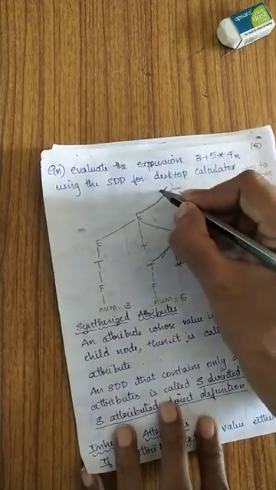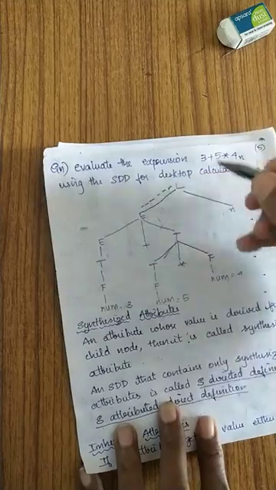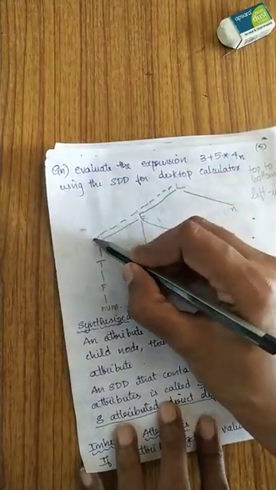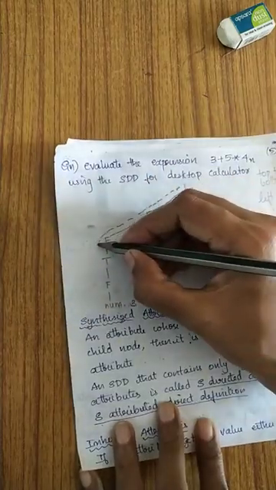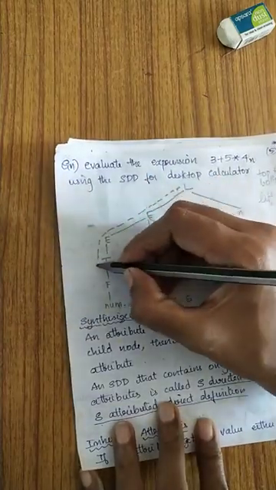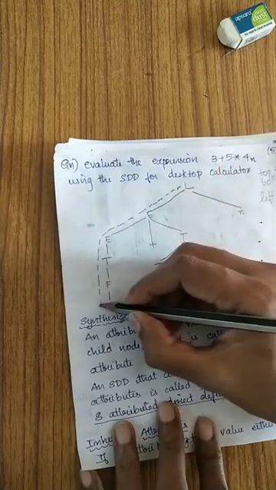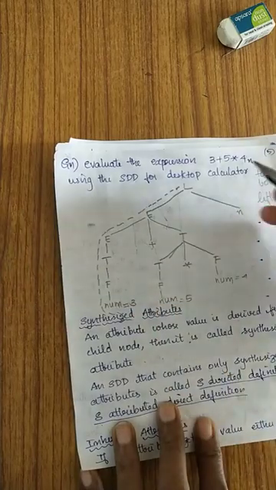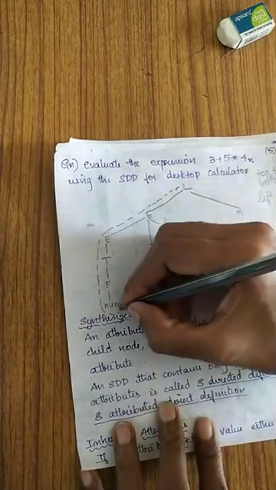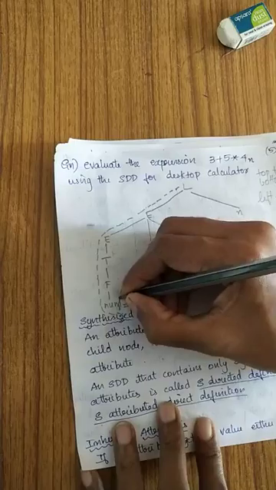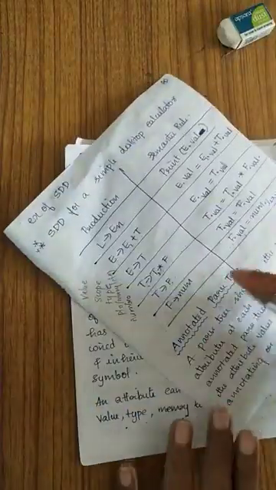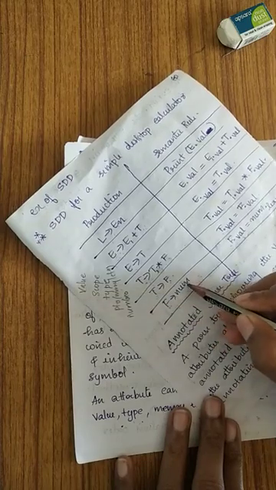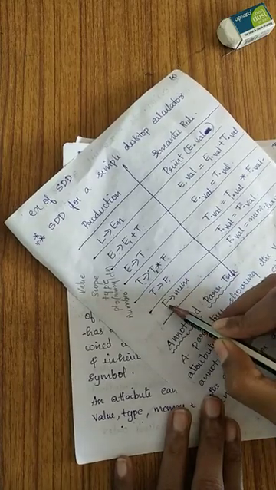L gives a production E, and E gives E plus T, and from T to F, and from F to num. For this number I have given the lexical value 3, which comes from our input. From here I go to the reduce step, F to num. So we are reducing this number to the symbol F.